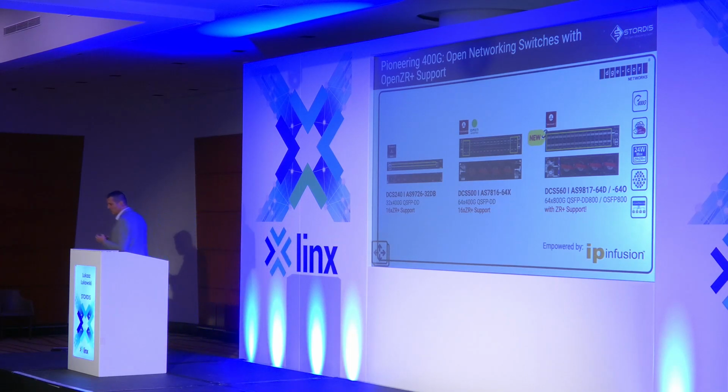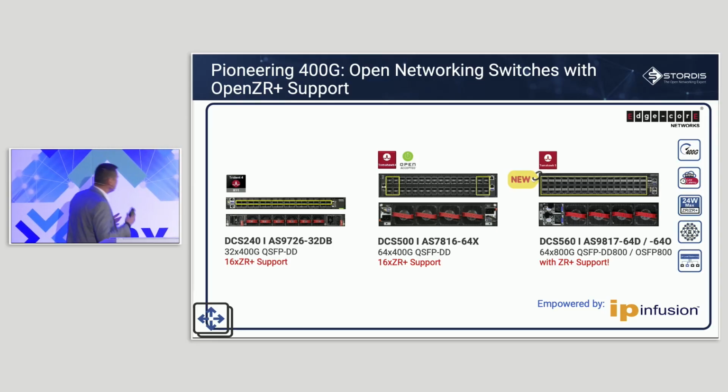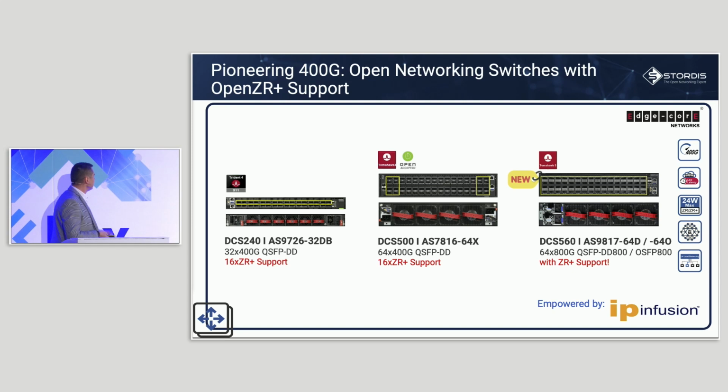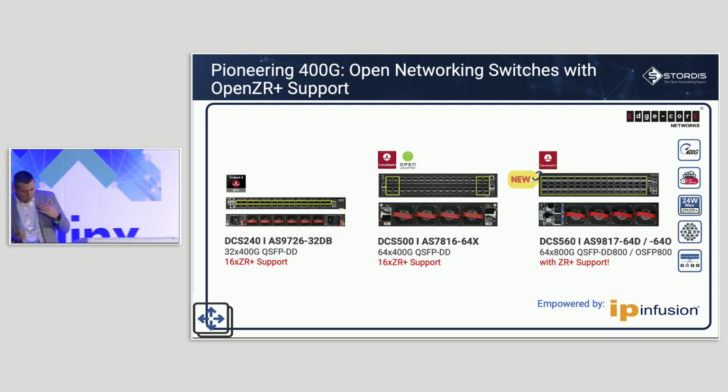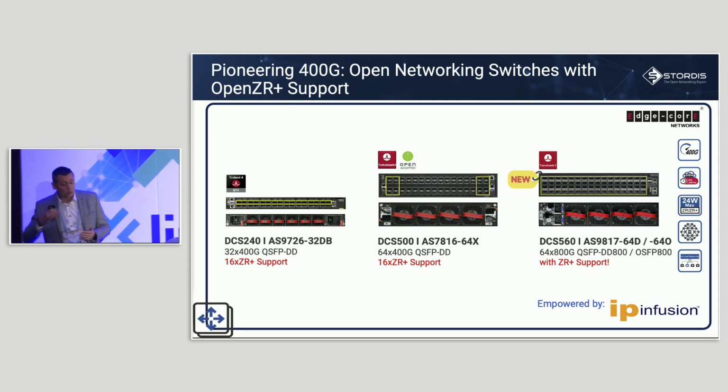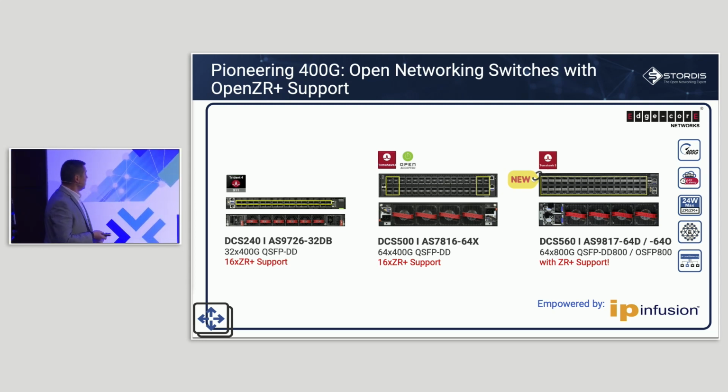We have 32 times 400G, and speaking about OpenZR+, we can support up to 16 of those. So that is a really significant design and a huge challenge to deal with the cooling and thermal challenges. But that is the progress of the technology, which is mostly happening first at the ODM level.